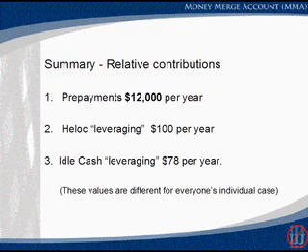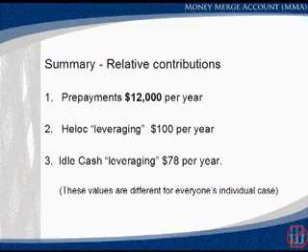The second strategy, which leverages the difference in interest rate between the home equity line of credit and your mortgage, yielded just $100 per year in equivalent extra payments to your mortgage. The idle cash flow leveraging had even less of a result, and this amounted to just $78 per year. Of course, all of these numbers depend on your own situation and the relative difference in interest rate between the HELOC and your mortgage.